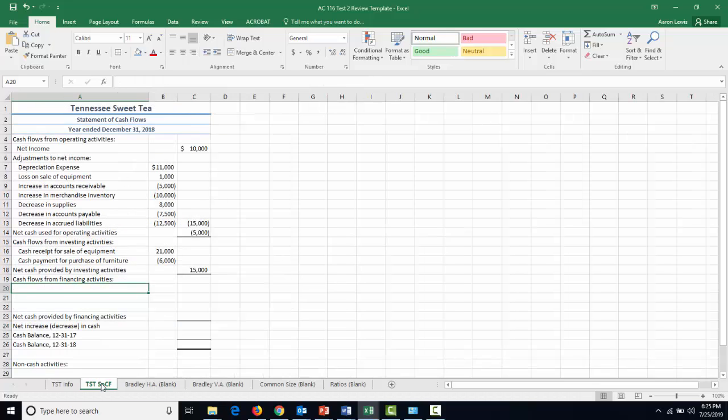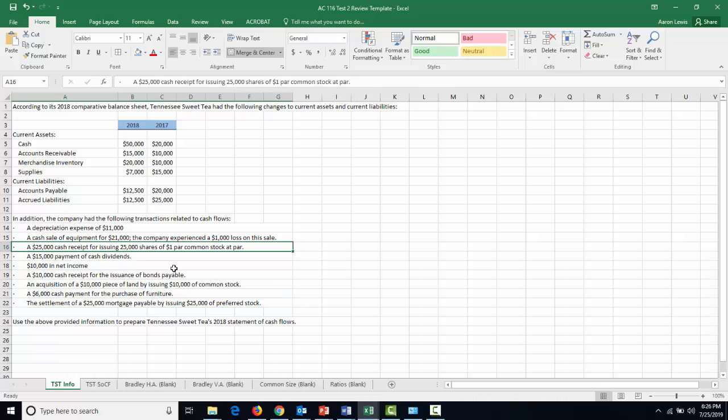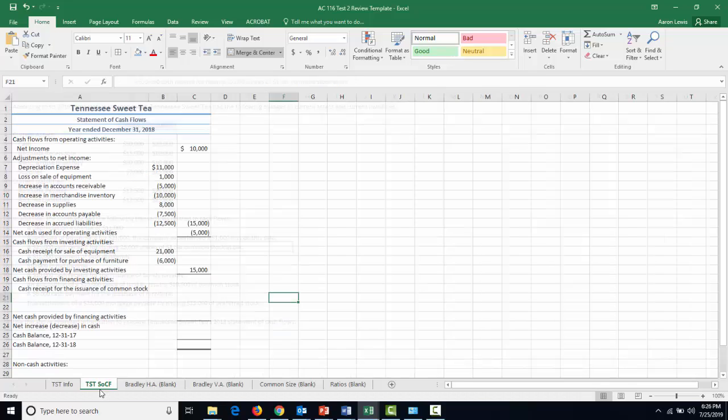So let's start here. We have the cash receipt for the issuance of common stock. Let's start with that number. And our cash receipt for the issuance of common stock was, we see right here, $25,000.